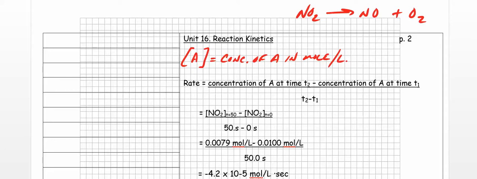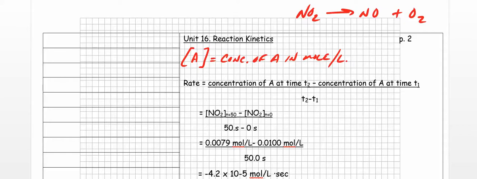But the degradation of NO2, the reaction moving in the forward direction, is going to depend upon NO2 molecules banging into each other. It only stands to reason that as time goes on, those NO2 molecules are going to be present in fewer numbers, and there's going to be less of them to bang into each other. So the rate at which NO2 is disappearing is going to decrease over time.